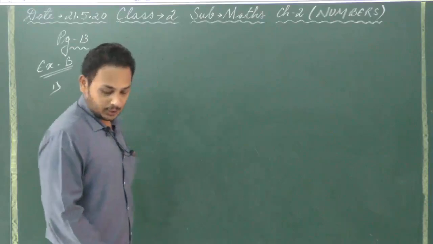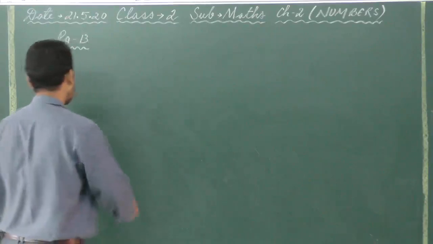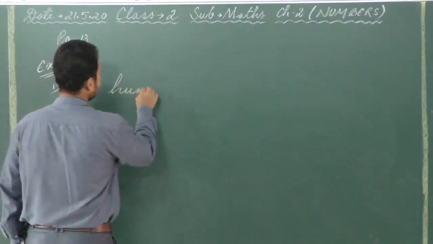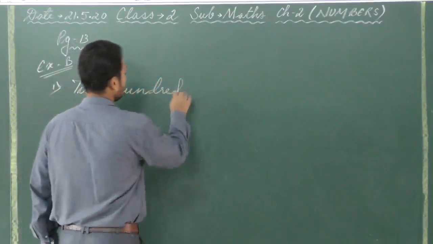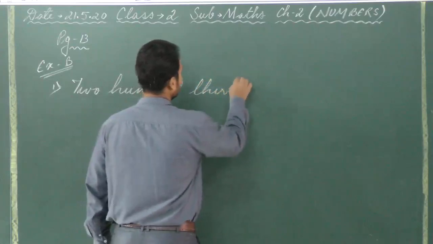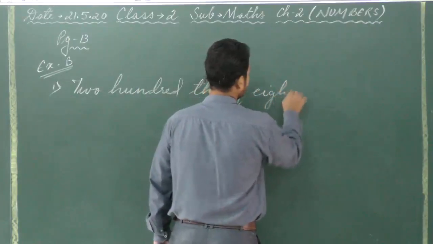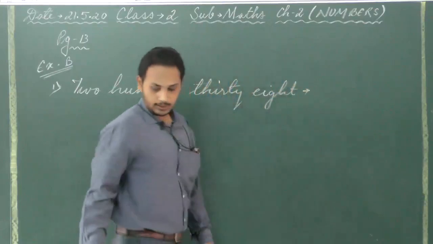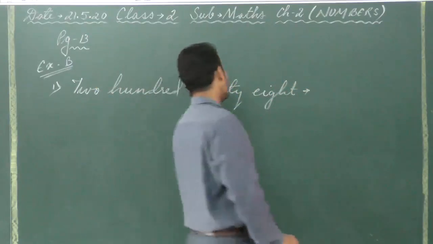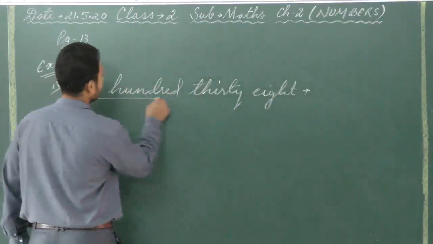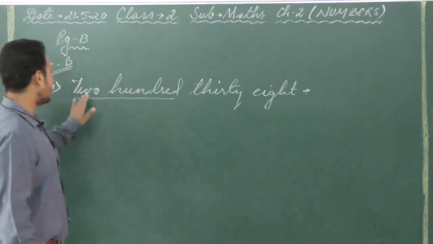Okay, like see, the first one is 238. Now how are we going to write 238? You first see which number is in hundreds place. What do we have in hundreds place? 2.